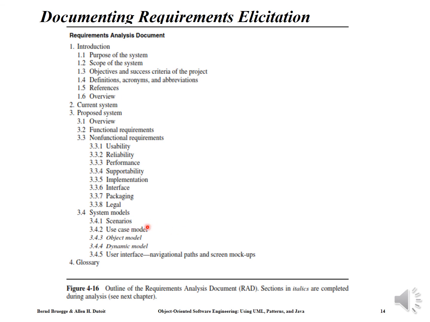However, the requirements are updated throughout the development process. Once the RAD is published, if some changes occur, the revision history section of the RAD will provide a history of changes, including the author responsible for each change, the date of the change, and a brief description of the change.